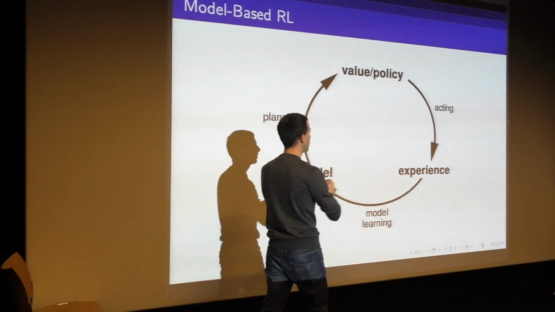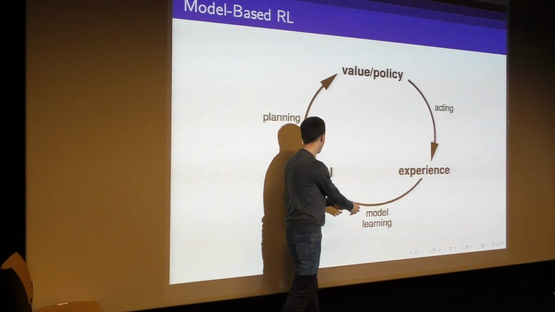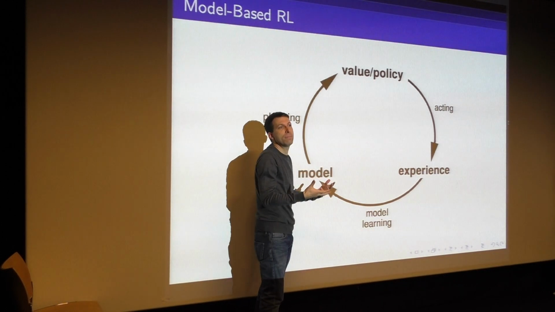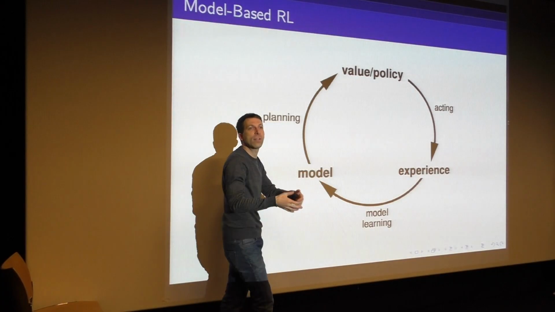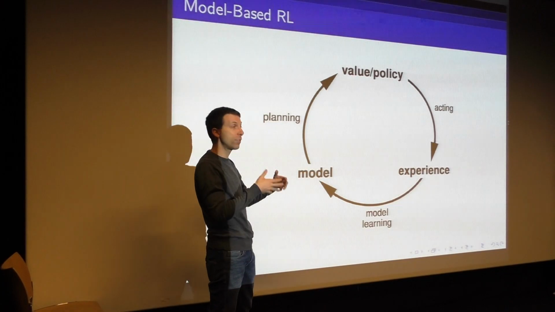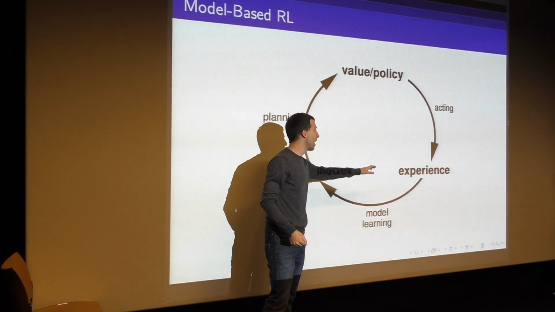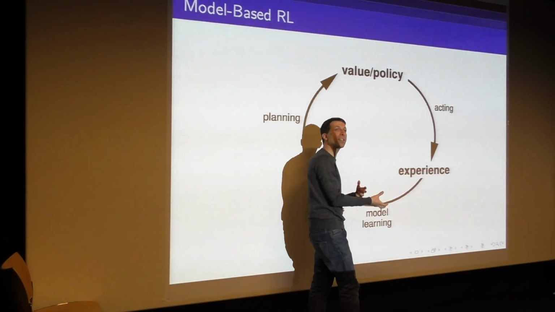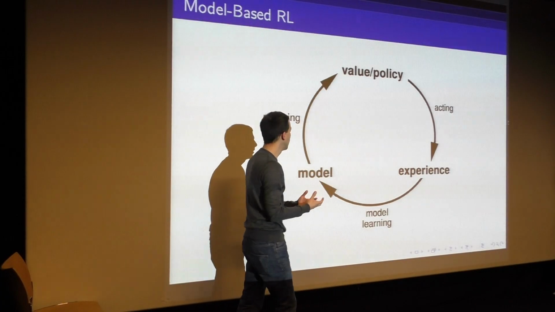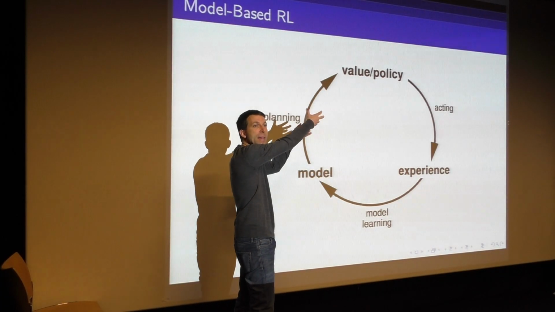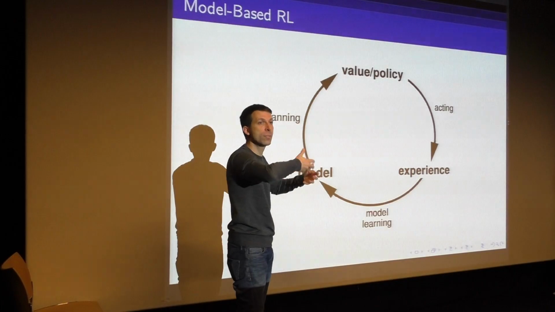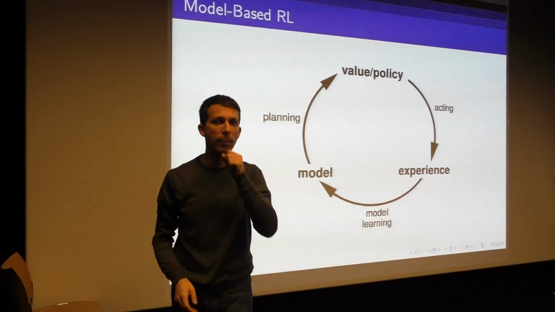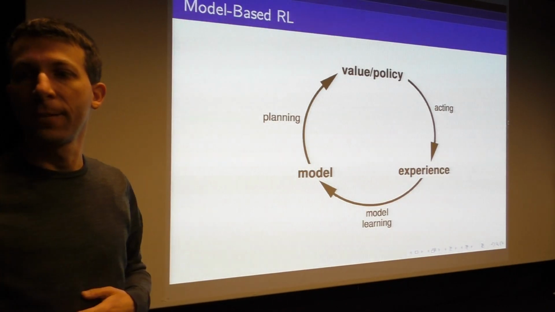You can think of this as learning an MDP model, and planning is like solving that MDP, like doing our dynamic programming or figuring out the optimal value function or the optimal policy for the MDP that we believe we're in. Each time you see more experience, you might update your estimate of what MDP you think you're in, so that when you solve it again, you end up with better actions and do better and better in the real world. So that's model-based reinforcement learning.